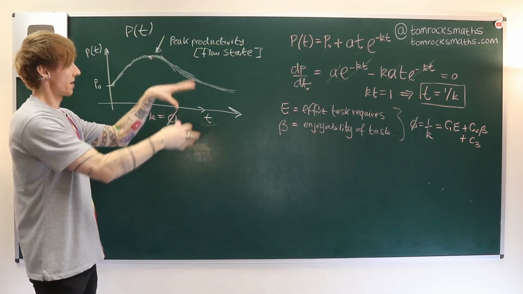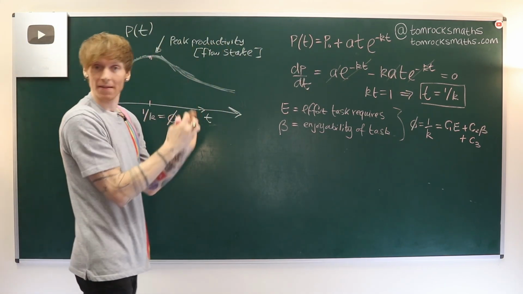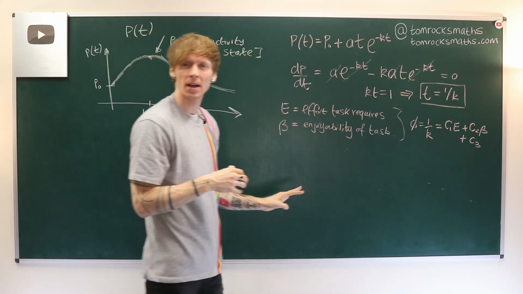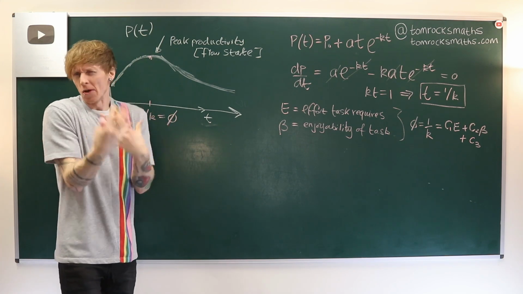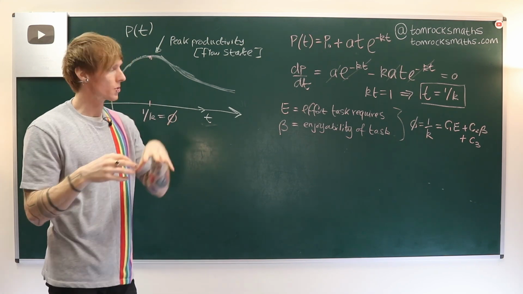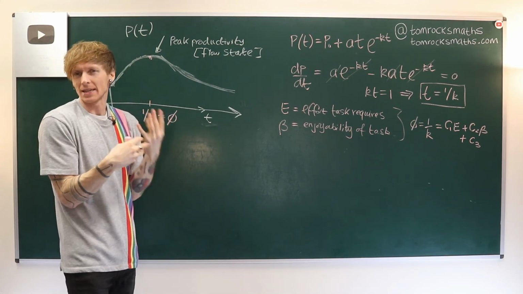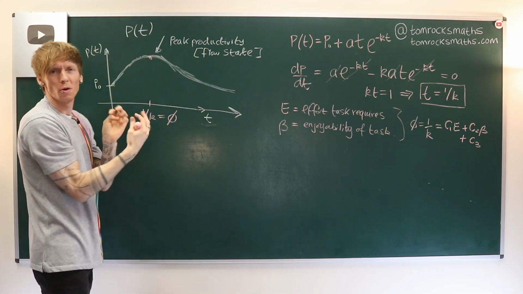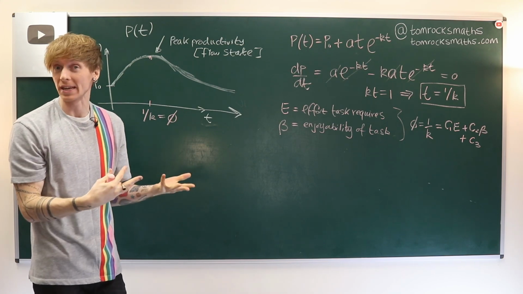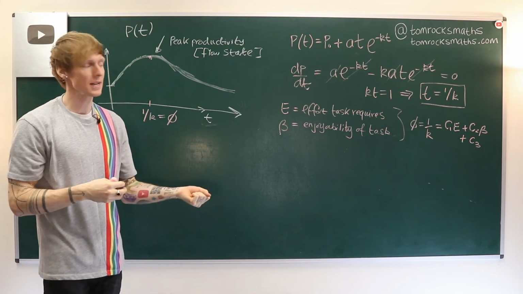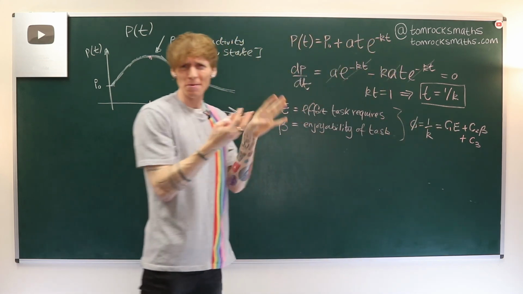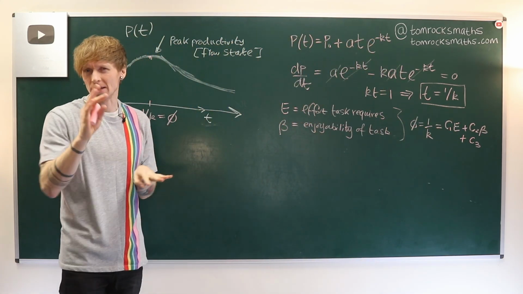So this involves both of these key variables, the effort a task requires and the enjoyability of the task. Both of those, hopefully from your own experience, you can think about them and see how they would influence the time it would take you to get to your peak productivity or your flow state on a given task. And we're just going to model them as this simple linear function, and we'll explore that in a little more detail in just a moment.